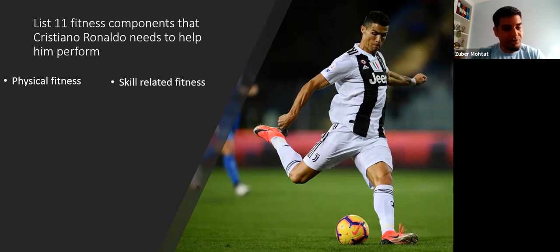A bit of an extension task there, if you can have a go at that, and the rest of you as well. Even if you give me one example for skill-related and one example for physical fitness related.